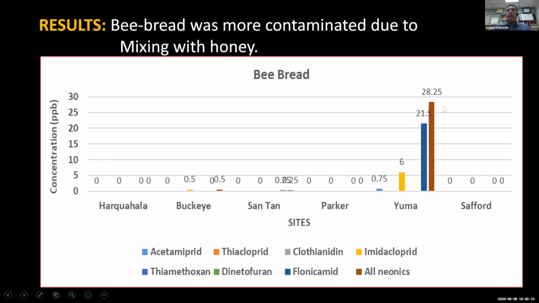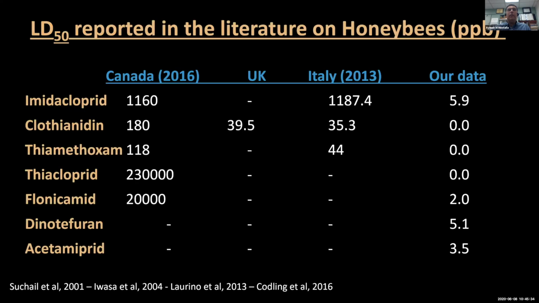You can see in the Yuma area, with some of the flupyradifurone, this is one of these neonics, we can find about 21 parts per billion in this location. But the rest was, as you see, between 0 and half a part per billion.